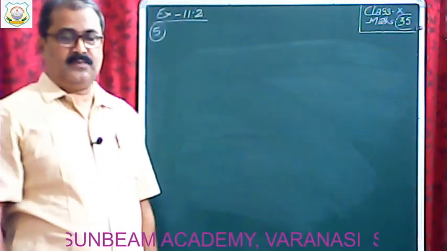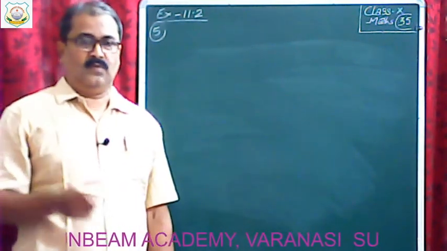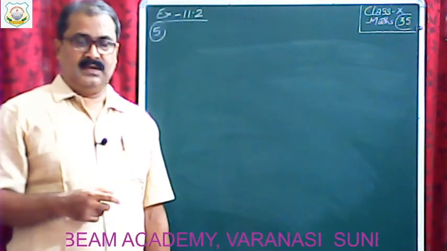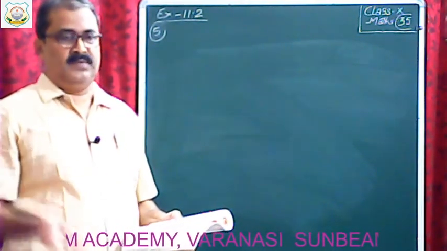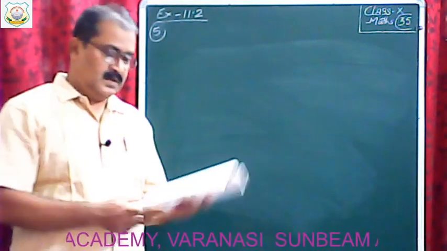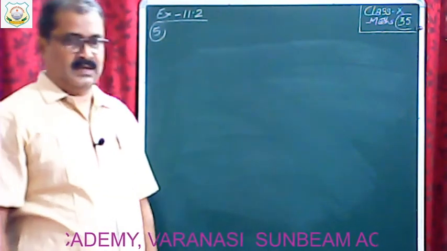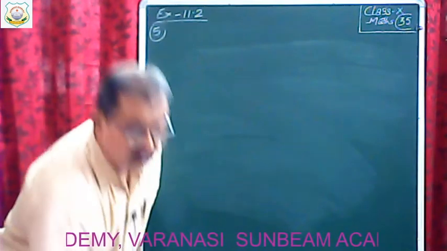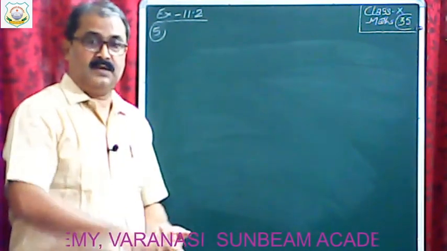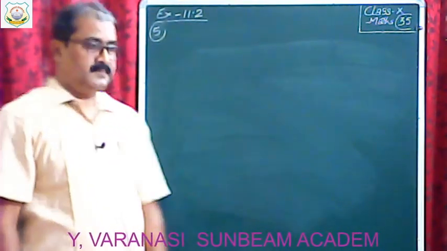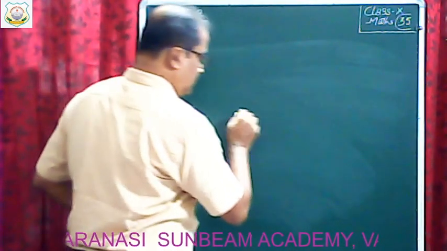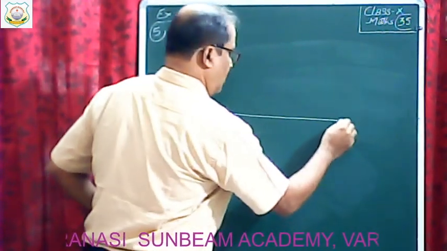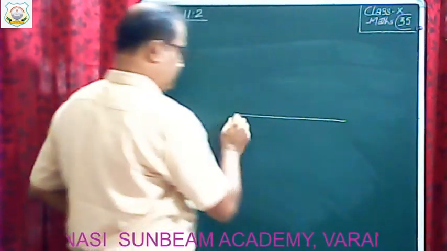So first of all, you have to draw a line segment AB equal to 8 cm. From A, draw a circle of radius 4 cm, and from B, draw a circle of radius 3 cm, and thereafter you have to draw tangents from the center of one circle to the other. Let's see, AB, how much? 8 cm.